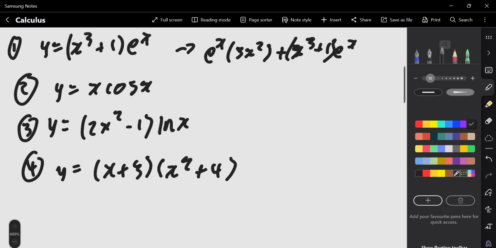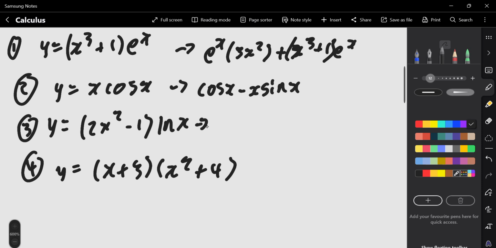And so that's your answer. You can rewrite that as 3x squared e to the x plus x cubed plus 1 e to the x. But nice. Derivative of u here is going to be 1. So v times u prime is going to be cos x. And u v prime is going to be x sine x, so you stay in scream minus x sine x.